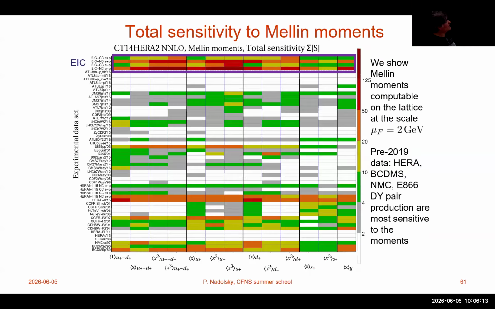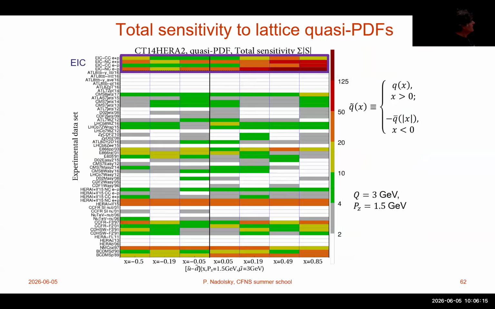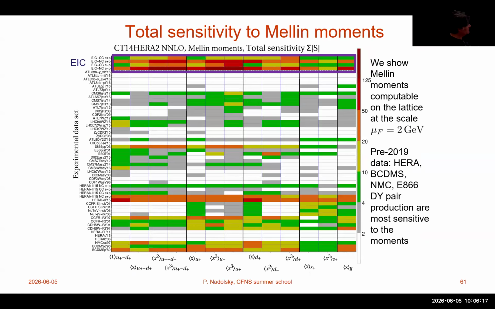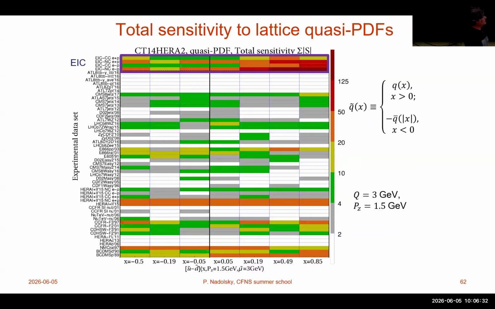Well, you can also ask other questions. Here are a couple of other plots, very quickly. You can constrain Mellin moments very powerfully at the EIC. And Mellin moments are computed in lattice QCD, so you have lots of synergy with lattice QCD. You can also even try to constrain the quasi-PDF and pseudo-PDFs directly using various techniques.